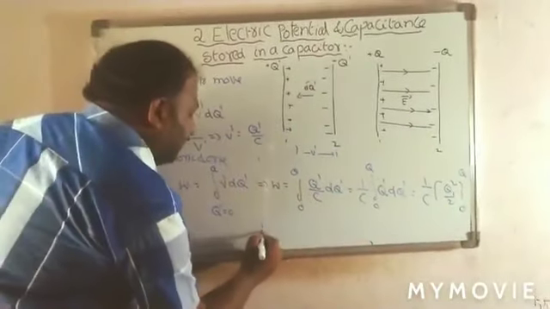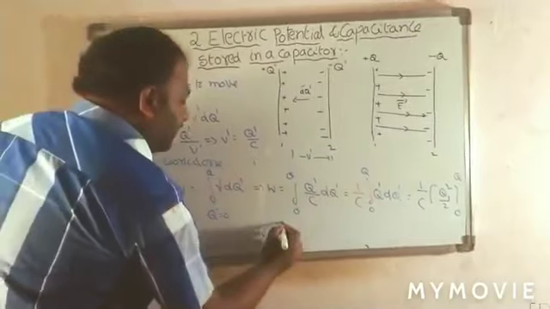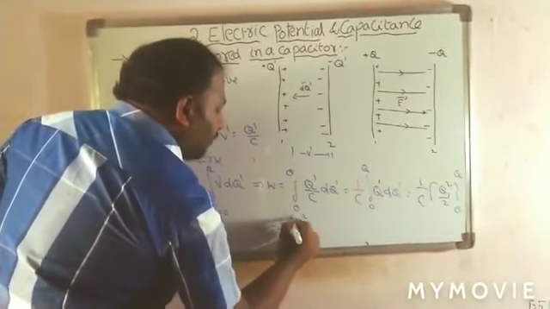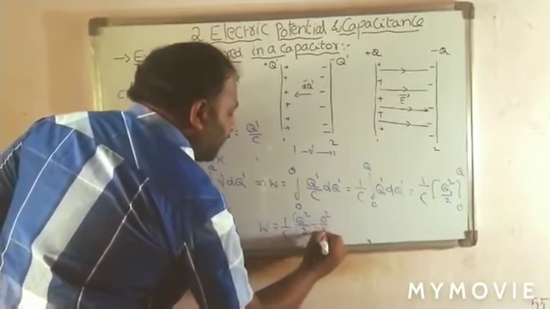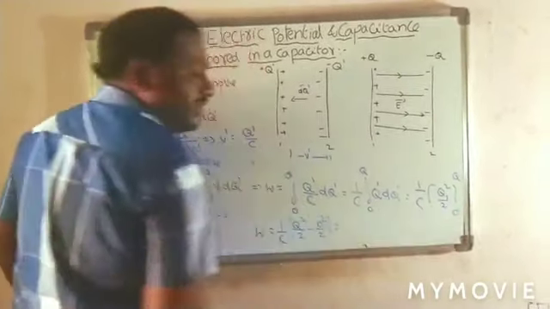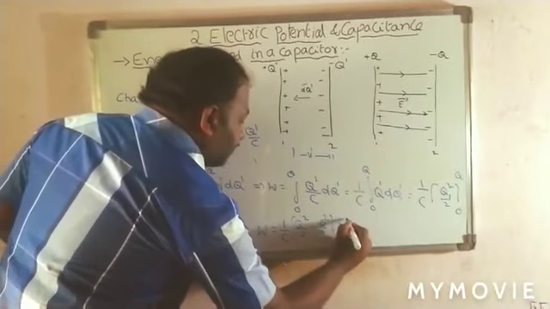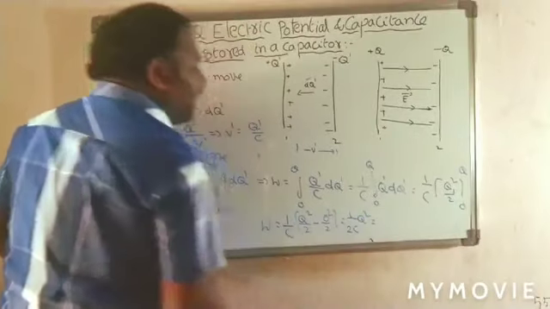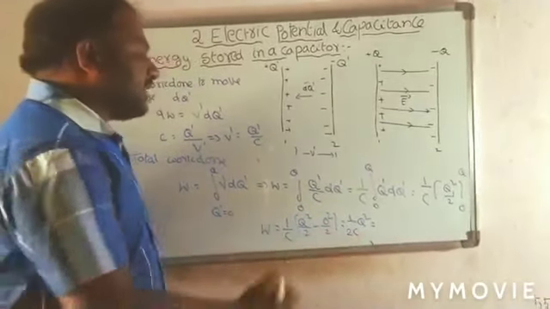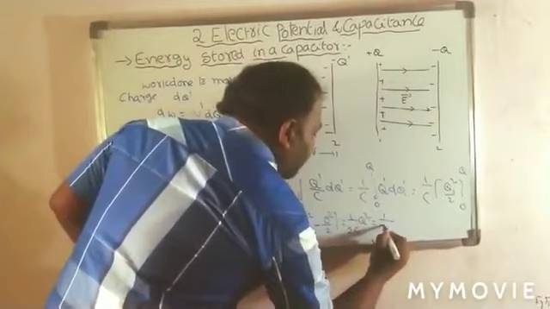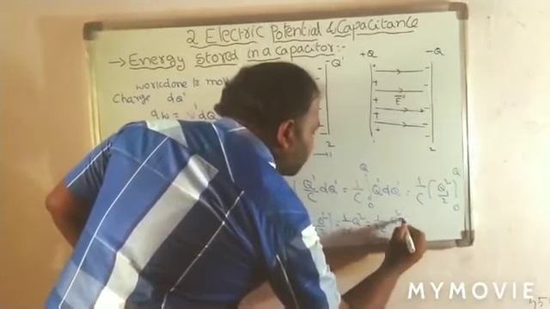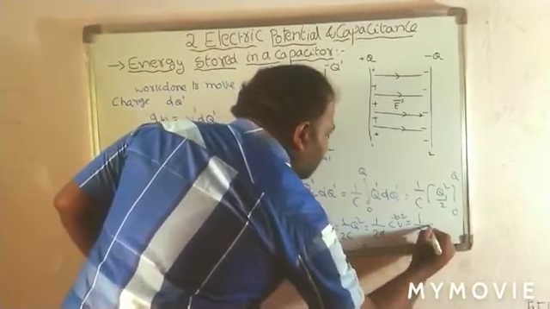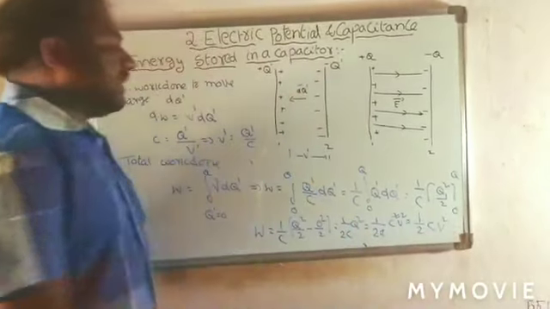Substituting the limits, we get 1 by C into q square by 2 minus 0 square by 2, because the lower limit is 0. So we write 1 by 2C q square, but we already know q is equal to C into V. Substituting, we get 1 by 2C into C square V square, and one C is cancelled. Now the total work done is half CV square.